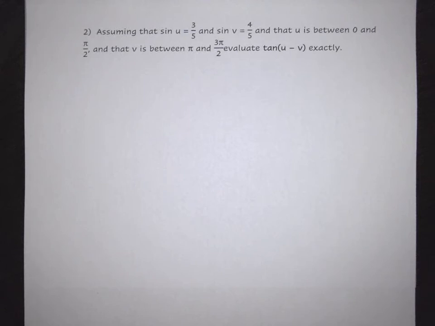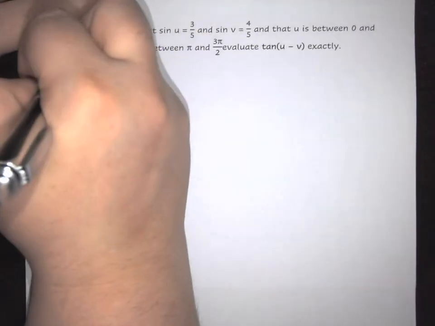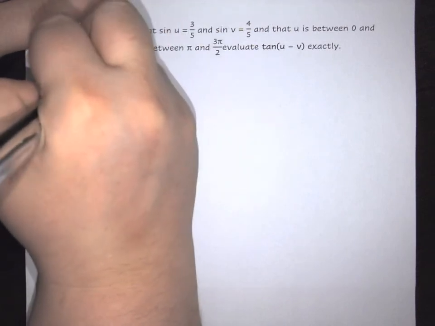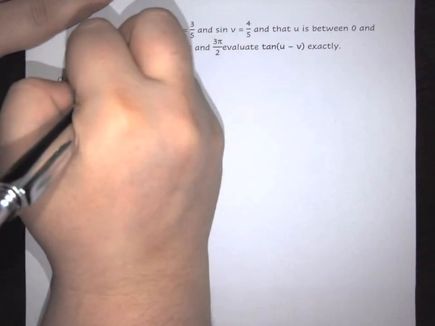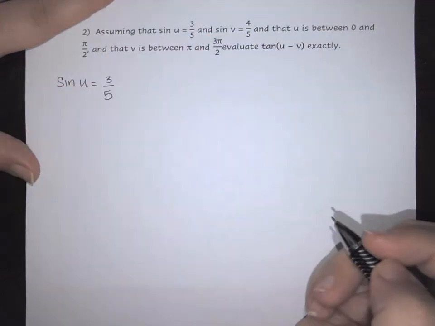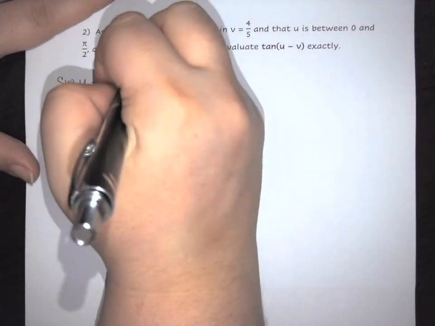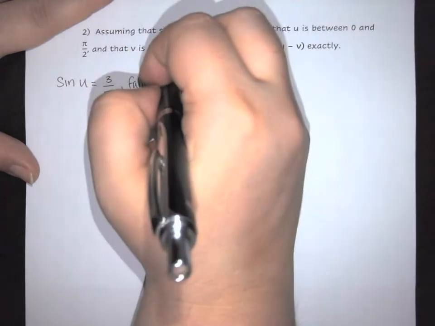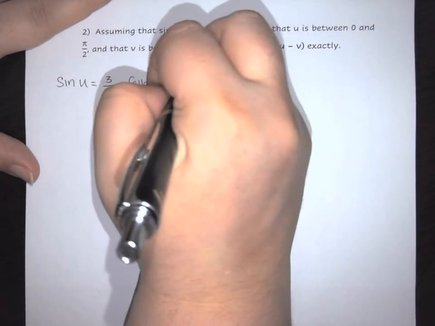So the first thing you have to do here is make your reference triangles. Okay, so we have to look at what we know. For my first triangle, the sine of u is going to be 3/5, and I'm told that it falls in quadrant 1.